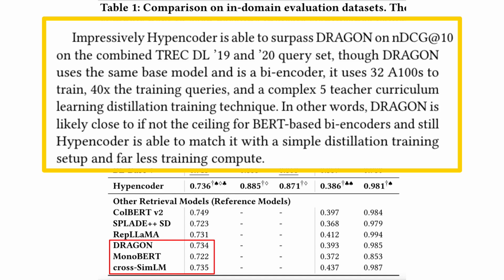In other words, Dragon is likely close to, if not the ceiling for BERT-based bi-encoders, and still Hypencoder is able to match it with a simple distillation training setup and far less training compute. So again, really impressive what they've been able to do with this Hypernetwork QNet representation framework.